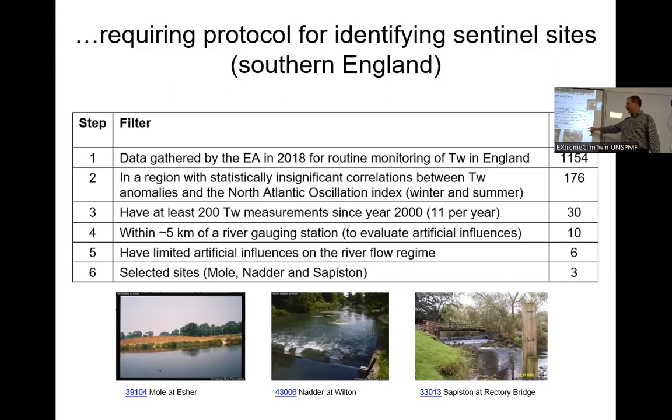Once we filtered those out, we're left with just 3 sites where all of those quality criteria are met. But I hope you can see from that step by step, you can filter out the sites that would be difficult to interpret, or don't have enough data, or poor quality in developing this index.